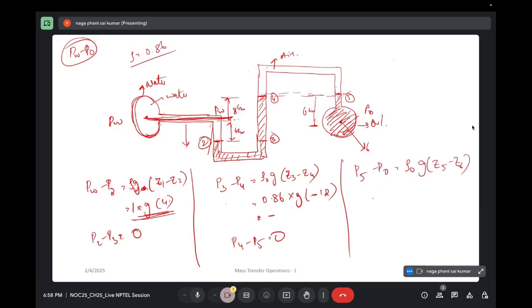So this will give us 0.86 into G into, this will be positive again, that is 6. So what will be the final value? If you add all these values, then you will be getting PW minus PO. So this is how you calculate pressure difference across two different points.